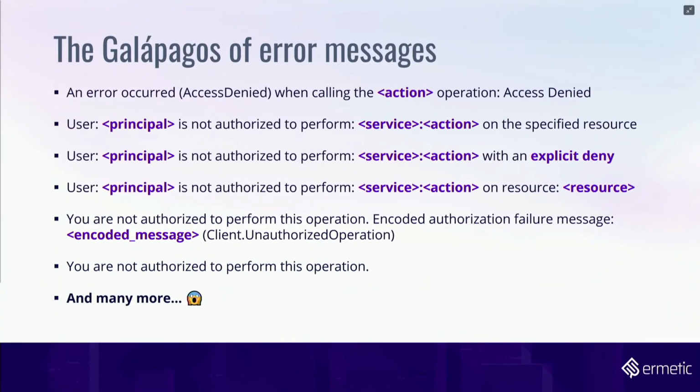to make matters more difficult, error messages are really, really different from one another. This is just a very partial collection, but we see some of them have only the action name, some of them have nothing and just say access denied, some of them have the principal and the action, some of them even say with an explicit deny or not, some of them have the resource, some have an encoded message that we can then decode that's unique to EC2, but every one is different and they're really differently detailed.